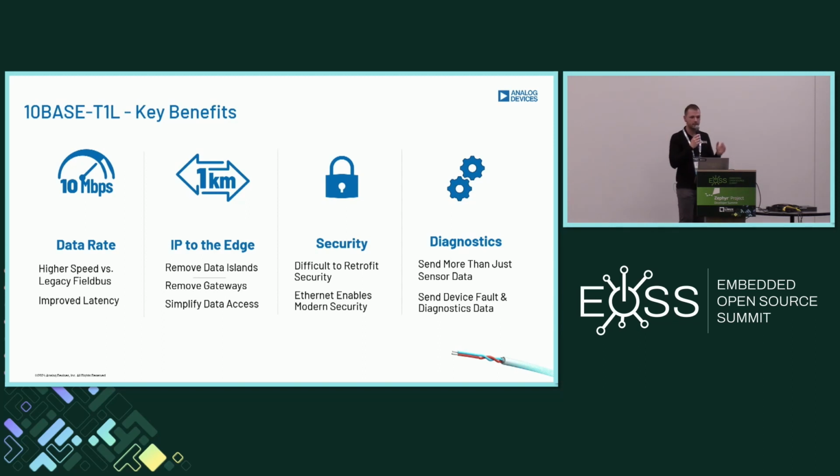The key thing to consider here is the comparison to the legacy fieldbus protocols which 10BASE-T1L is replacing. If you consider a technology such as RS-485, a serial bus, over distances of 1 kilometer, RS-485 would be operating in the kilobit per second range. So 10 megabits per second is a sizable improvement here, and there's often plenty of data rate for sensor and edge device applications.